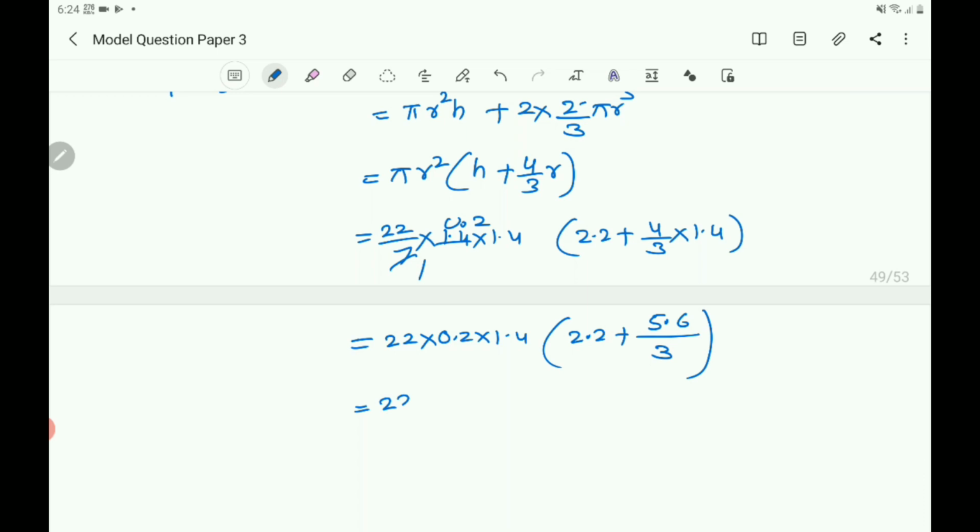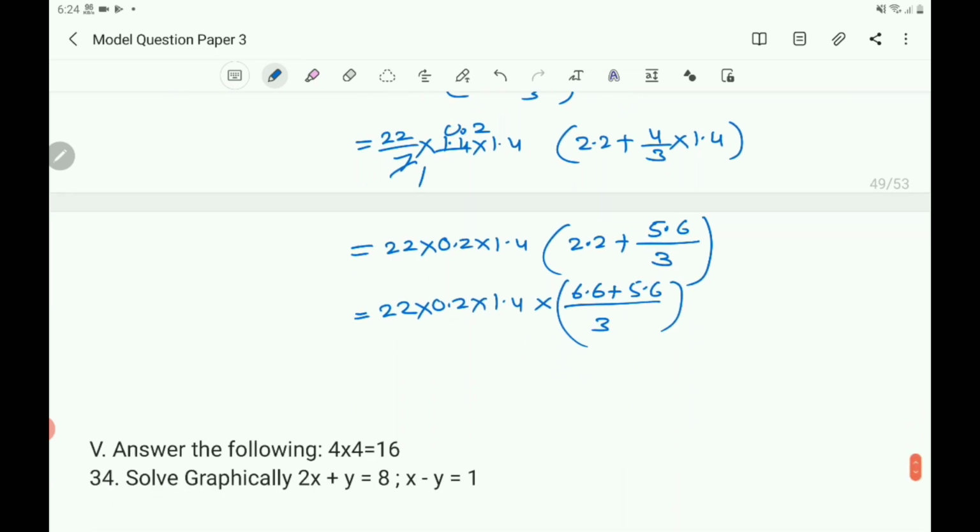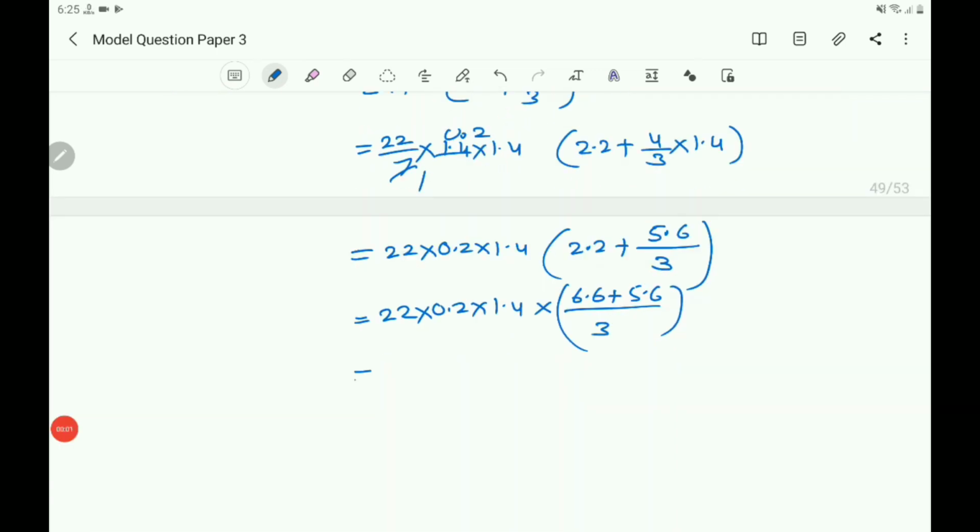Then you write 22 into 0.2 into 1.4 into, the LCM is 3, then 2.2 into 3 is 6.6 plus 5.6, that equals 22 into 0.2, you will get 4.4 into 1.4 into the sum of these two. So you will get 6 plus 5, 11, 11 plus 1.2 is 12.2 by 3.